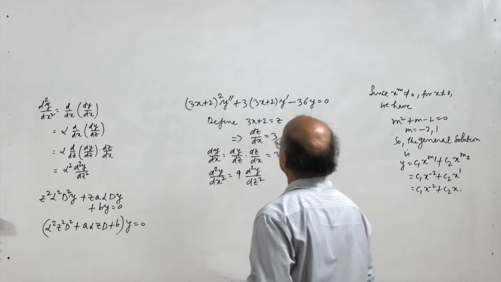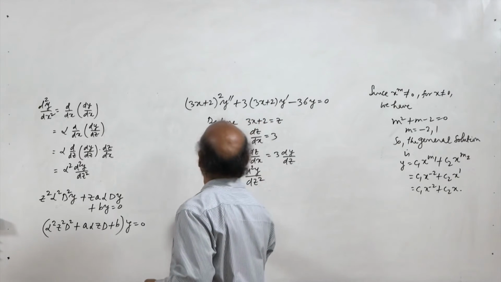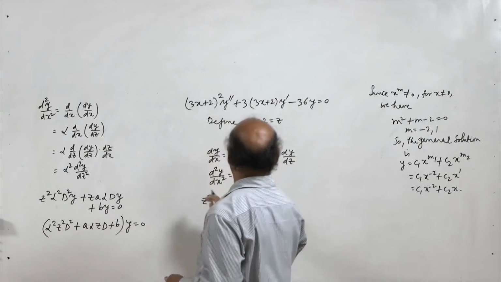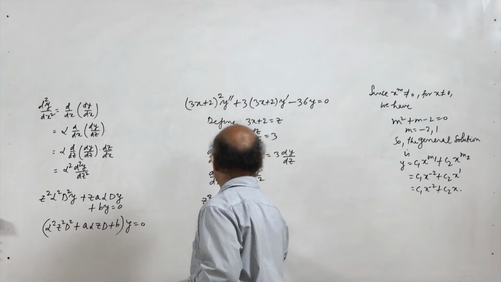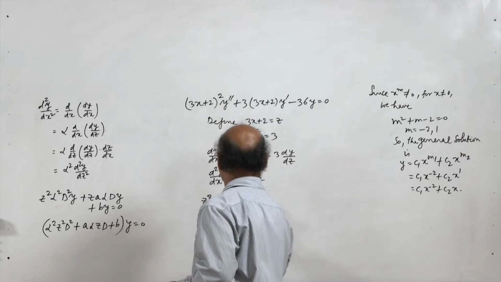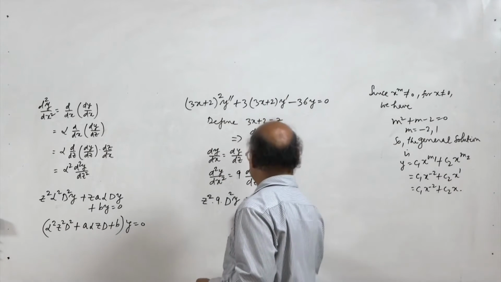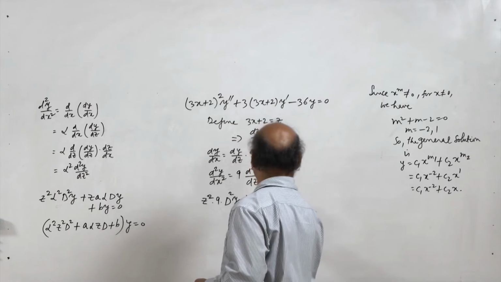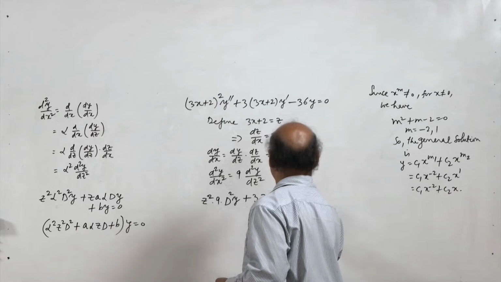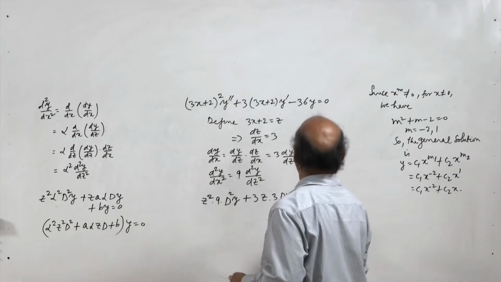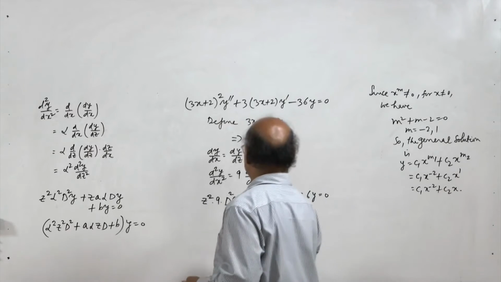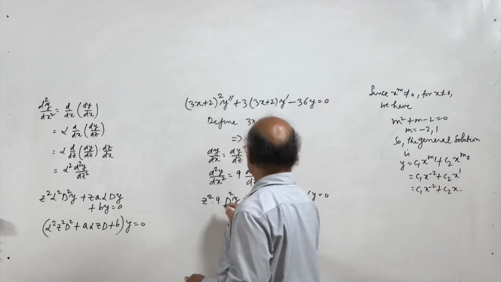Similarly, we shall have (3x plus 2) whole square, so z square y double dash is 9 times d square y, then we have 3 times z y dash, which is 3 times dy, and then we have minus 36 y equal to 0. Now, we can divide this equation by 9.